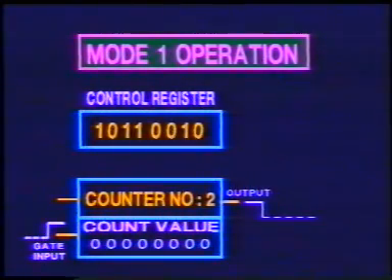When the number of pulses counted reaches the count value, the output goes high. The counter can be used as a triggered mono shot of desired width.